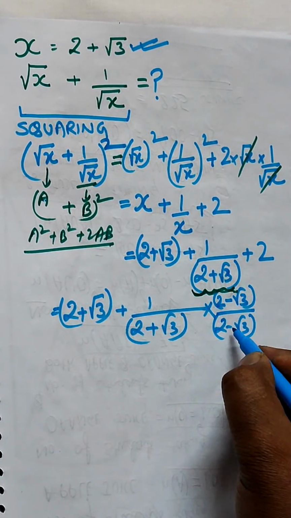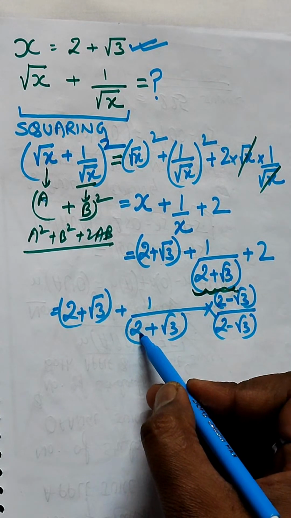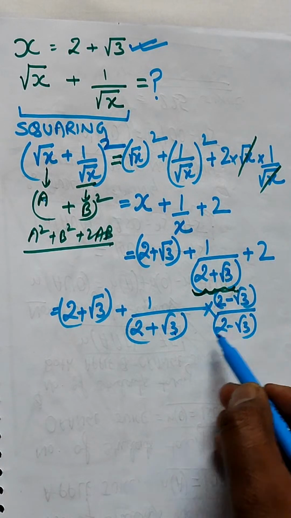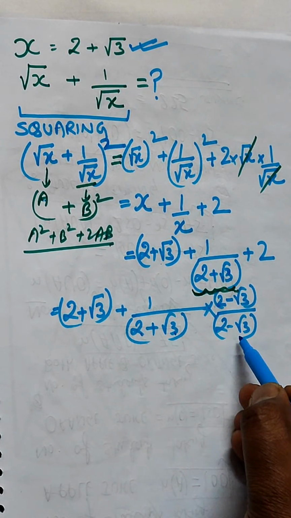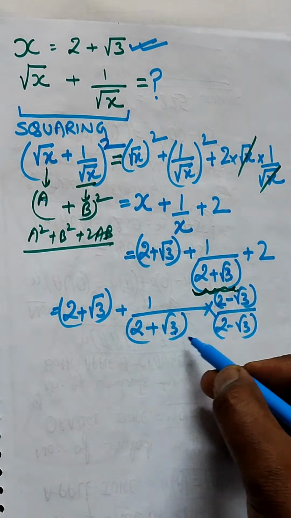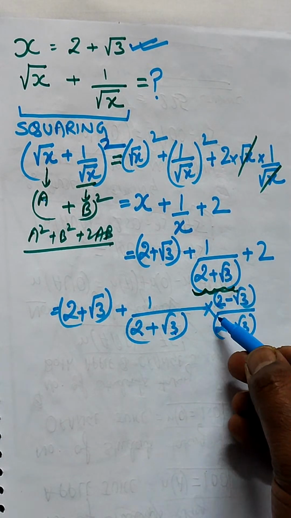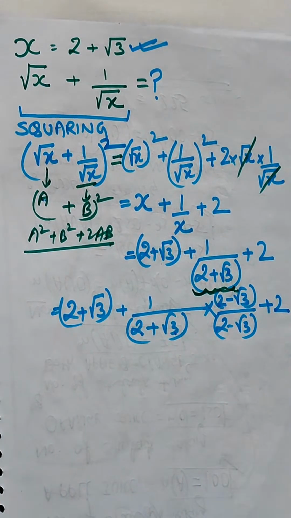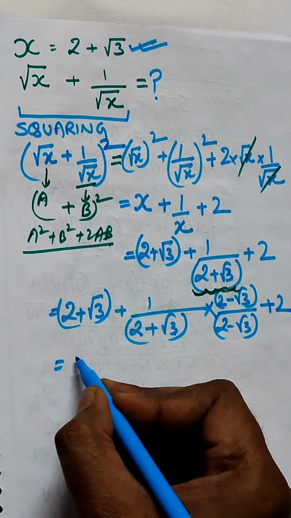Why is this taken? Because if this is a and this is b, then a plus b and a minus b gives a square minus b square, right? In this way the root from the denominator will be eliminated. And the last term, that is 2, is already left.